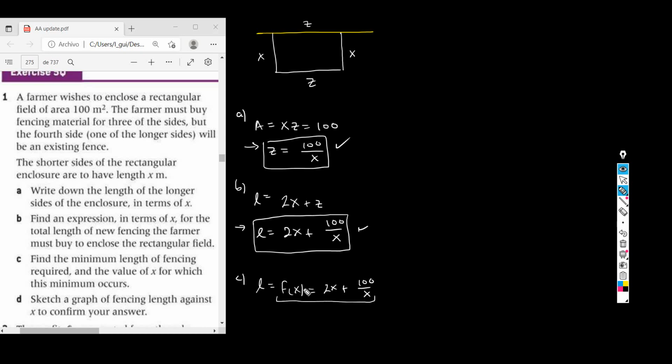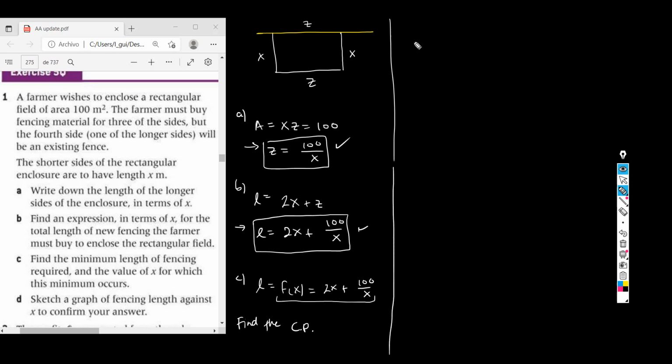And given all the work that we did in the previous week, we can actually find the critical points, the turning points, if there are any, and so on. So let's find out whether this thing has a turning point, and let's see if that turning point happens to be a local minimum, right? Because that's what we need. We need this function to be a minimum. So let's find the critical points of this function f.